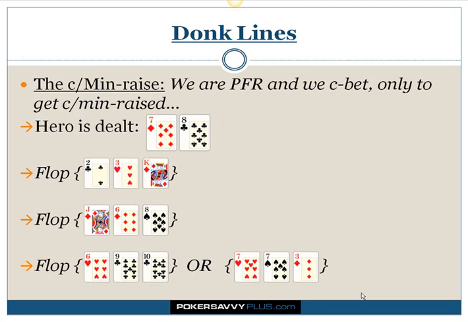So with the first flop, the King 2-3 flop, this is a pretty easy fold, basically. And I think this is relatively self-explanatory, obviously.